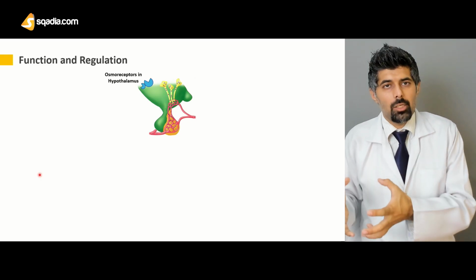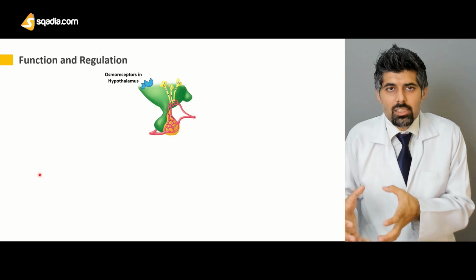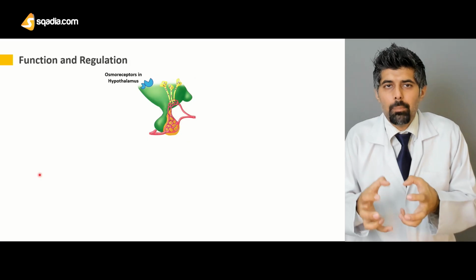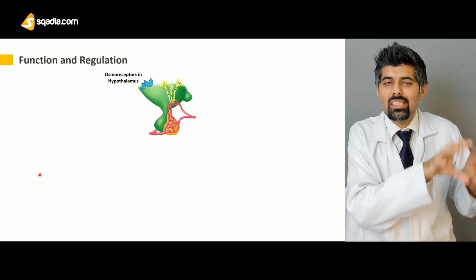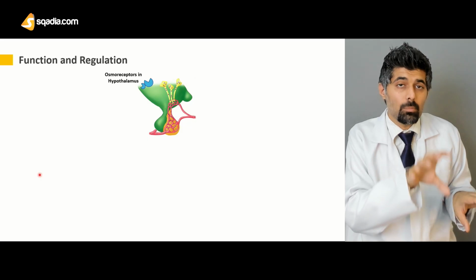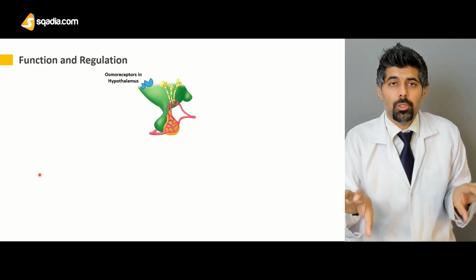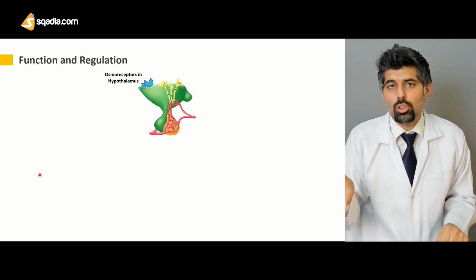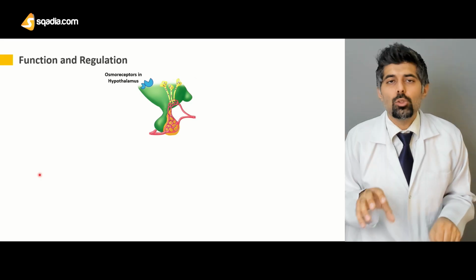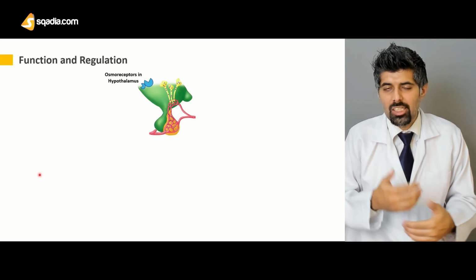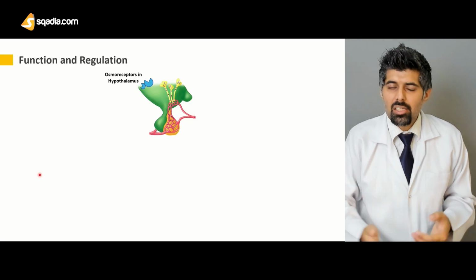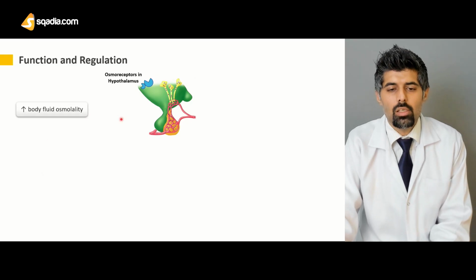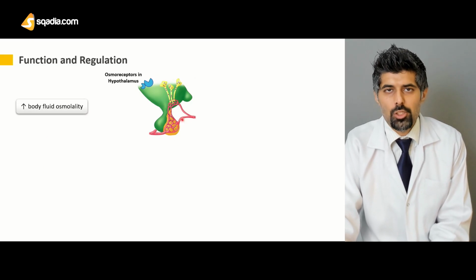So that means there could be more or less diuresis happening. Whatever the case may be, these osmoreceptors detect both the concentrated and the diluted blood by detecting the osmolarity, and then send a signal to the supraoptic nucleus, which starts to synthesize the ADH hormone, and then that ADH hormone is released by the posterior pituitary into the circulation.